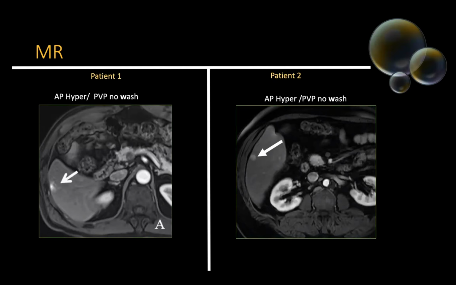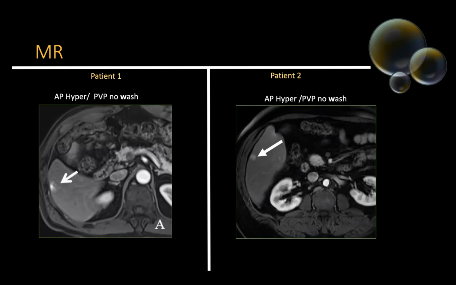You can see that on both of these MR scans, the arrow is pointing to a small area of arterial phase hyperenhancement on the surface of the liver that corresponds exactly with the nodules that were seen on the ultrasound surveillance scans.